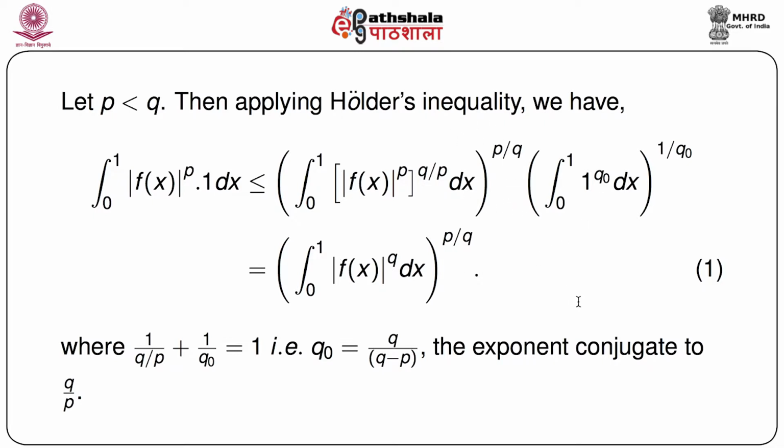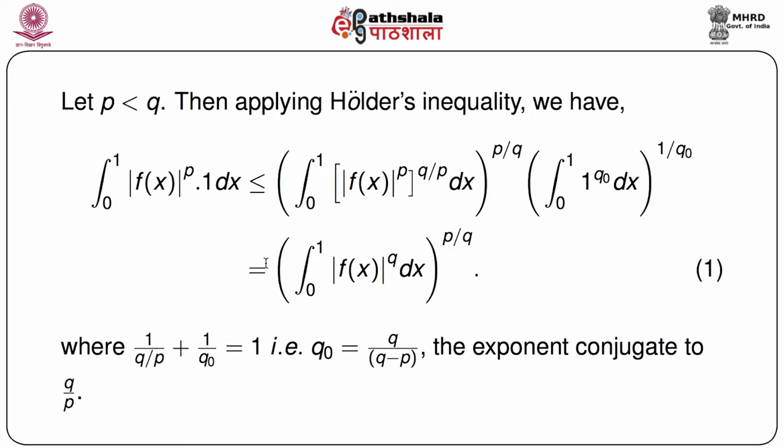That is kind of a norm. And into integration 0 to 1 of 1 to the power q naught dx, whole to the power 1 by q naught, which immediately gives us just the first quantity, that is integral 0 to 1 mod f(x) to the power q dx, whole to the power p by q.